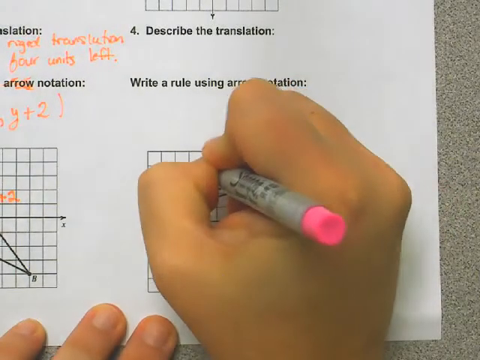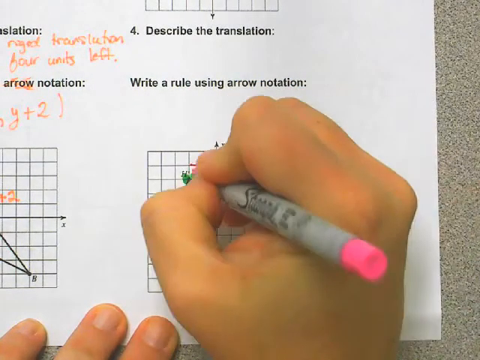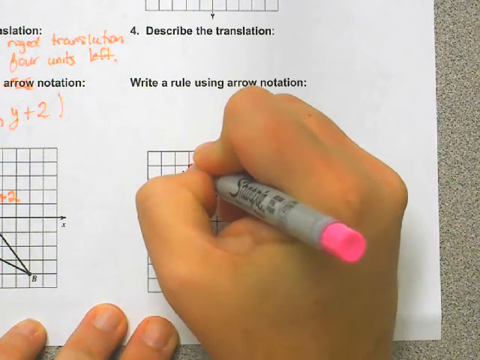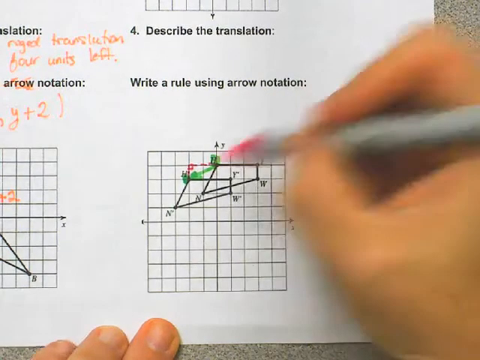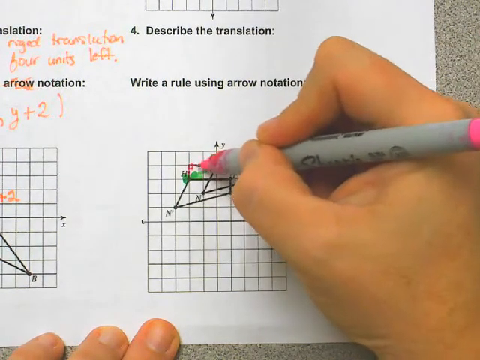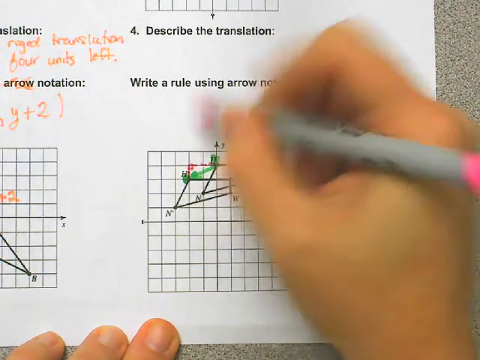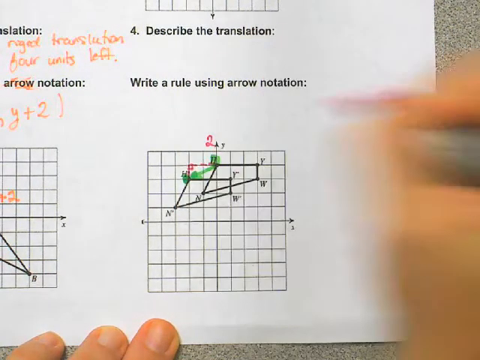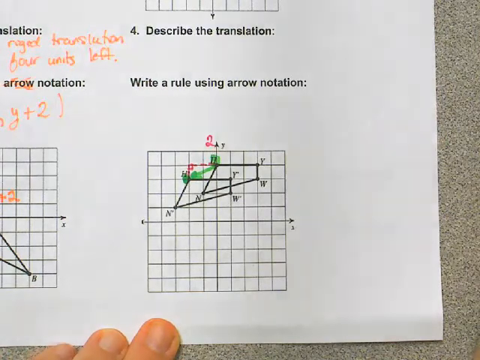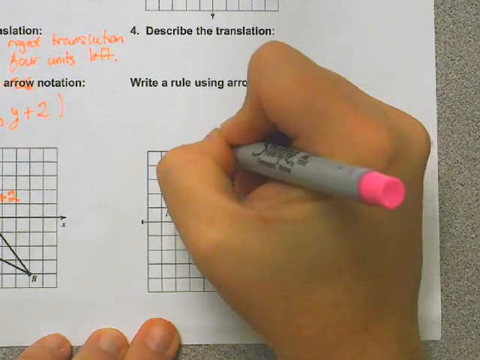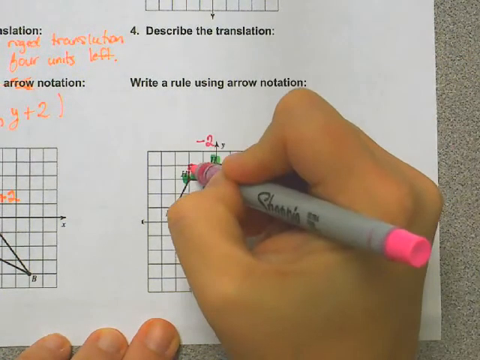There's my vector. I'm going down and to the left. So let's make sure we're very accurate with our vector. We're going to the left a certain number of units, and then we're going down. Yes, you must always make the right triangle. How many units did I move to the left? And because it's left, is it plus or minus?